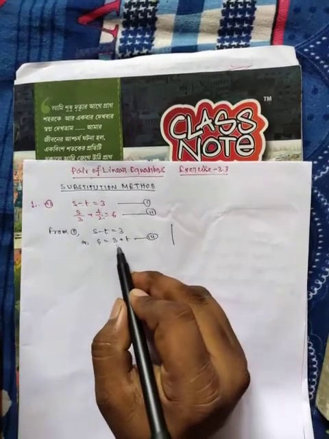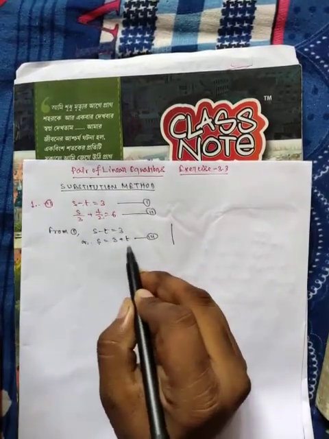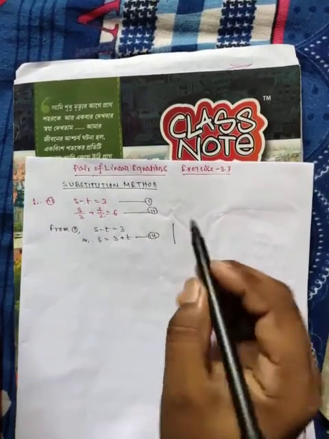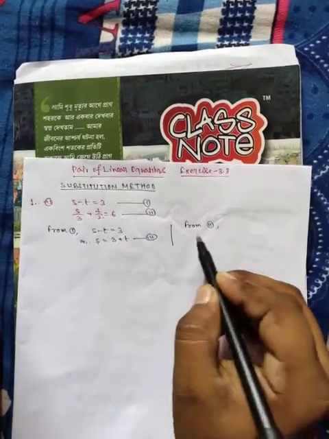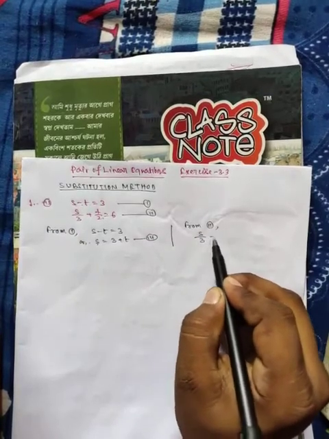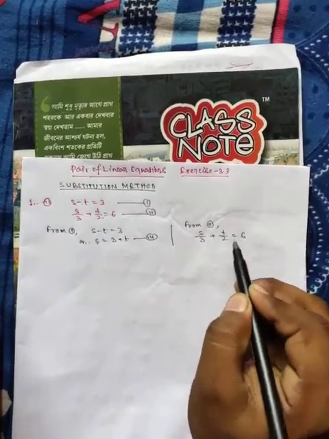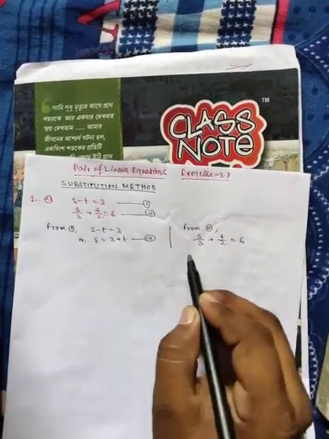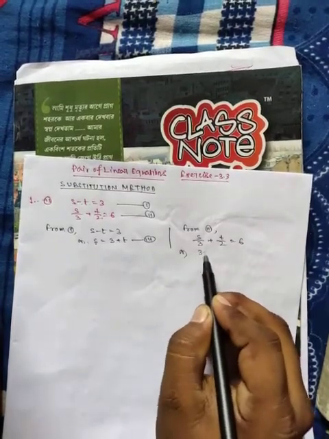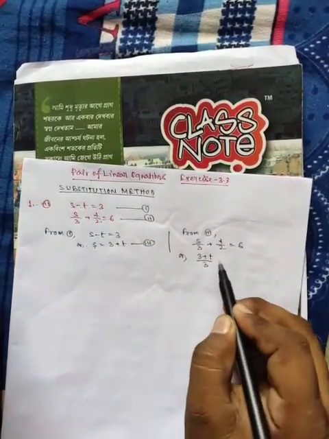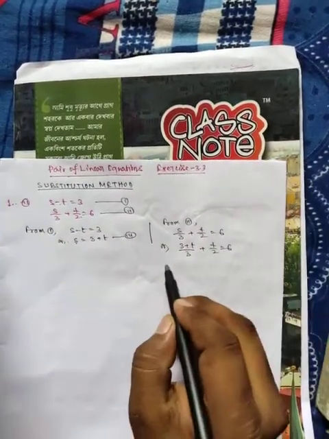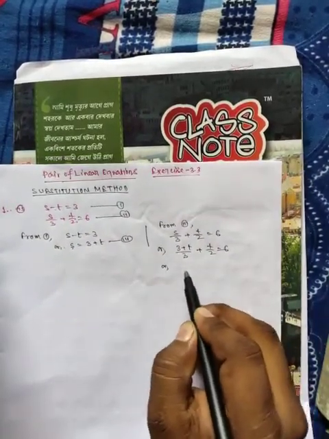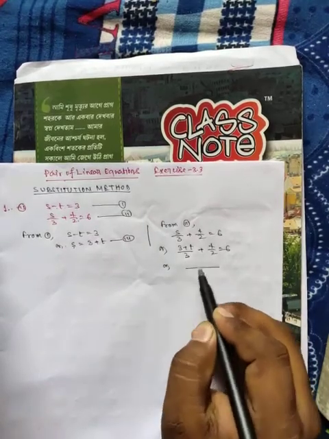Now you have to substitute this value of s in the other equation. From equation 2, s by 3 plus t by 2 equal to 6. Now put the value of s from 3. So (3 plus t) by 3 plus t by 2 equal to 6. LCM is 6.